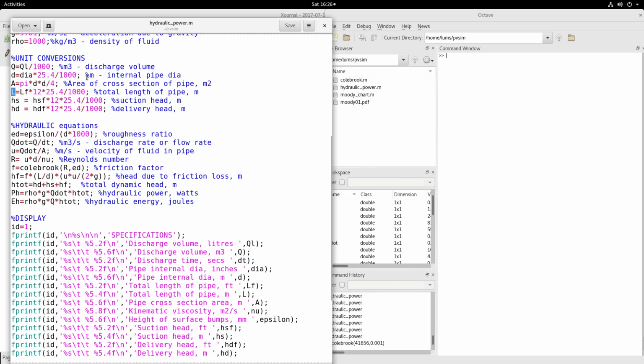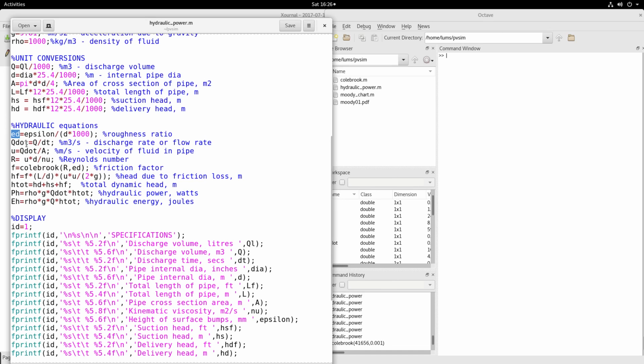Once you have converted the units, now everything is in the SI system of units. You can now apply the hydraulic equations. ED is the roughness ratio, which is equal to epsilon by D, and D, if it is in meters, multiply it with 1000 to express in mm, because epsilon is in mm, and express D also in mm to get the roughness ratio.